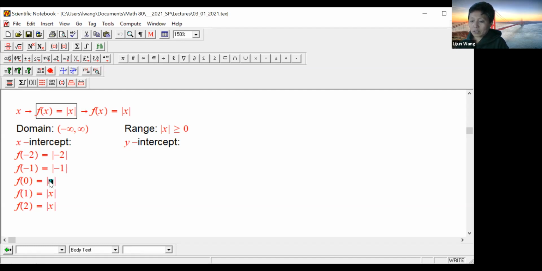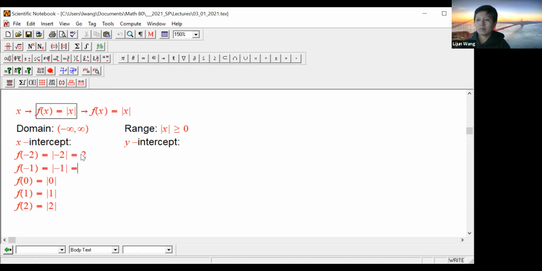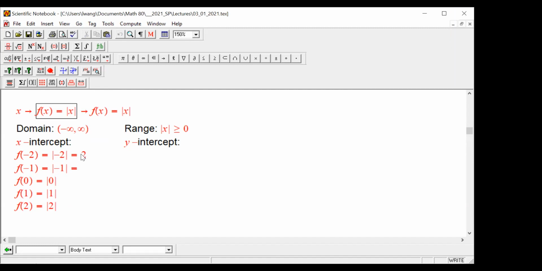Okay, so you're learning a new notation. If you've never seen this before, but I believe you've seen it before, right? So what's the absolute value of -2? 2. And what's the absolute value of -1? 1.